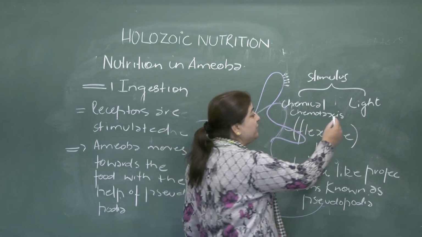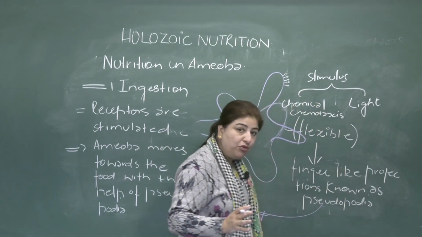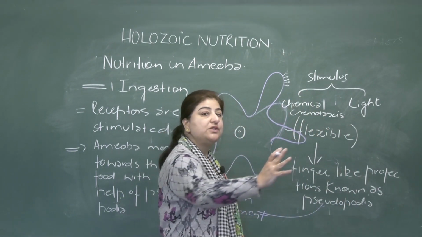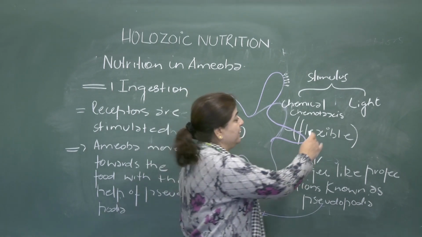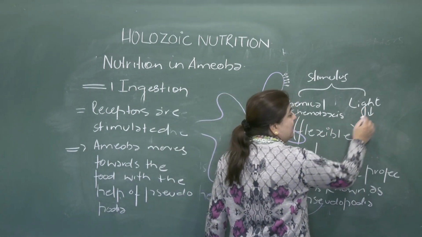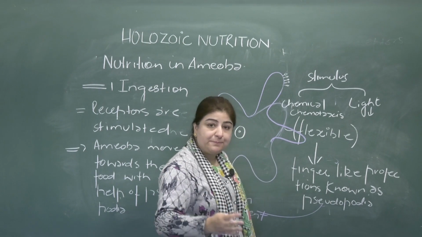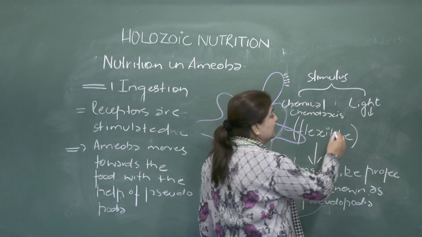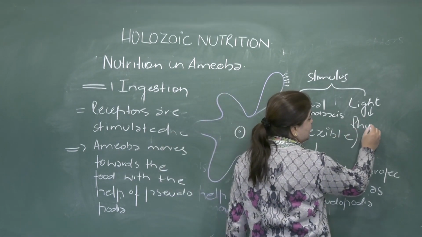Now the second will be light. If the movement of the amoeba towards the food source is produced with the help of light, then it's termed as phototaxis.